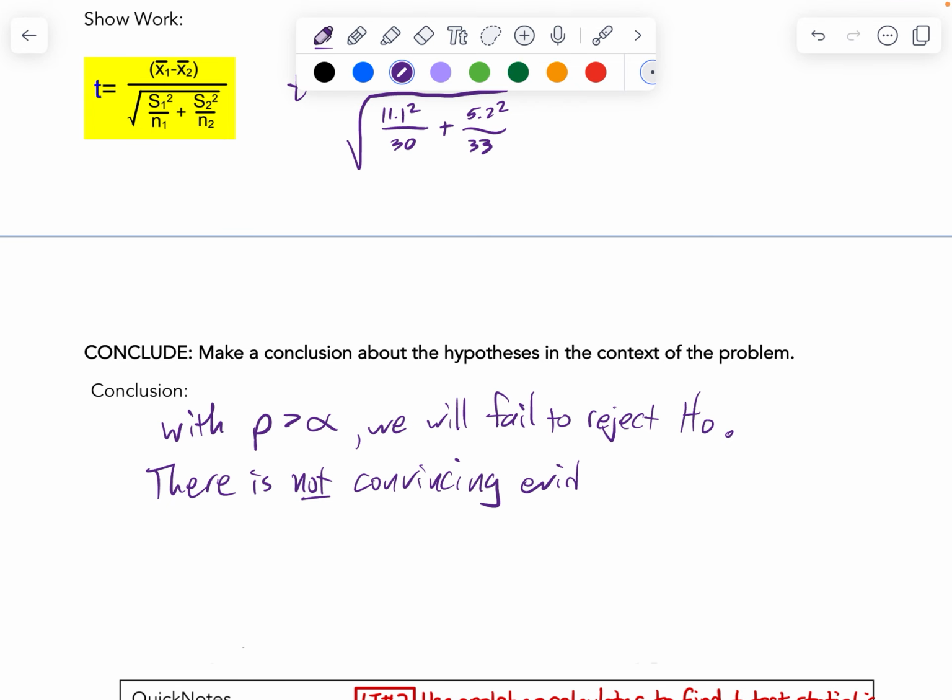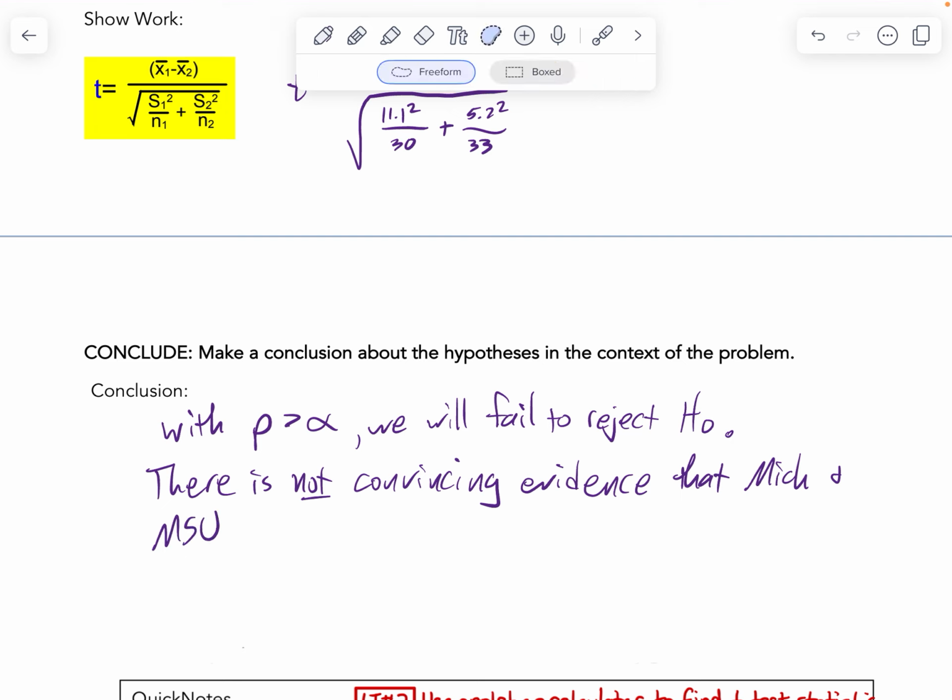There is not evidence that Michigan scores more points. Or, sorry, I'm not saying it right. This is always the part I have to slow down on and think.